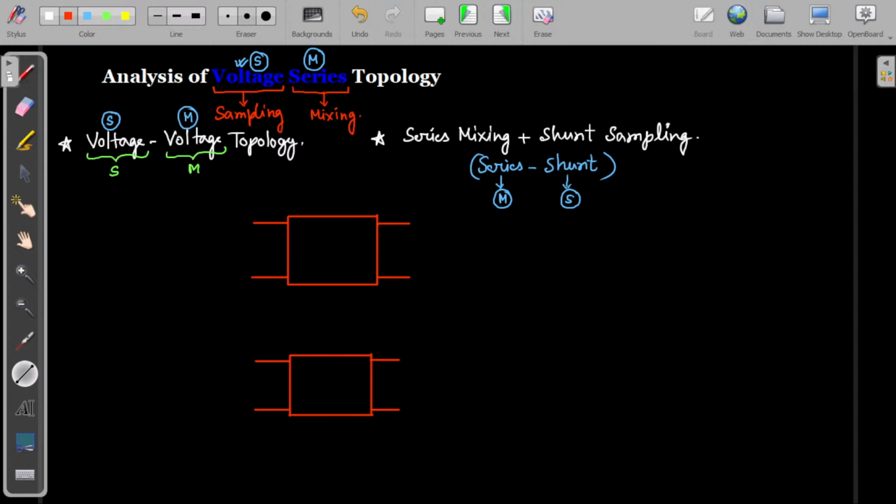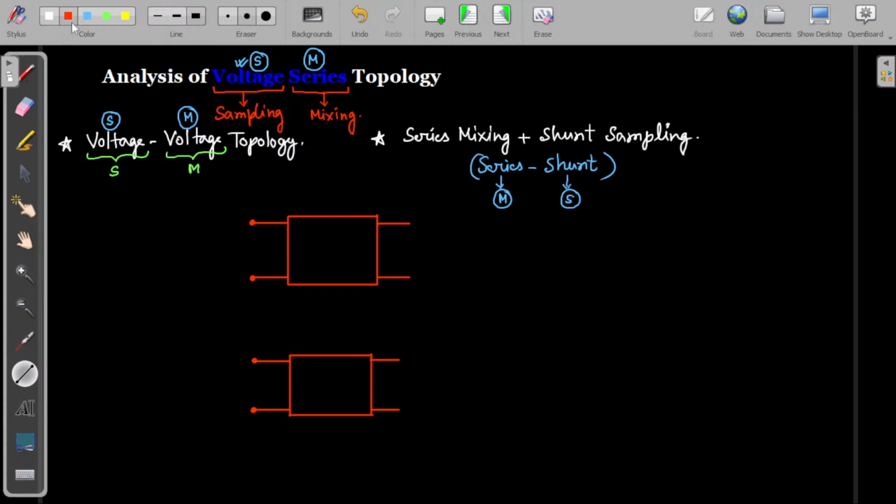Okay, so now for this case we are doing the series mixing. So let us connect with series mixing. So if we connect this with series mixing, what will be the connection? So the Vs will be in series with this mixing part.